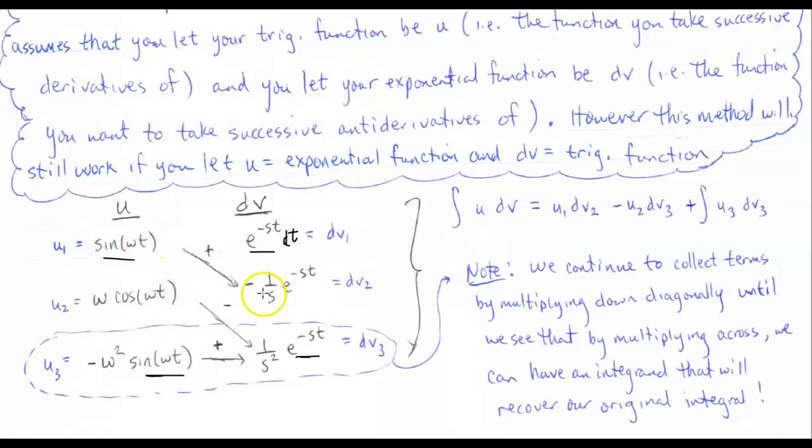And I just keep doing that diagonal thing that I did earlier. But the thing that changes now is once we see that we can recover e raised to the minus st times sine t, we actually go across and multiply these together to let us know when we stop. And that is what you see going on here, okay?